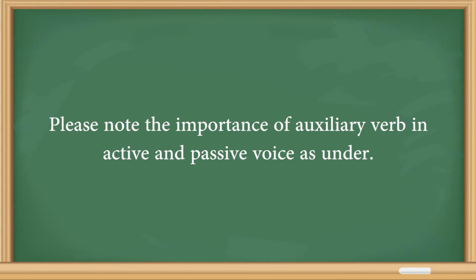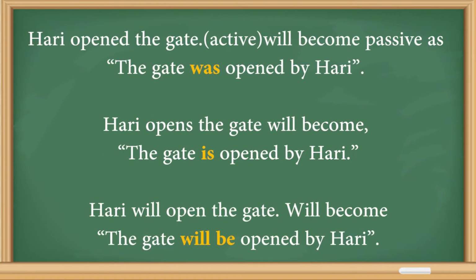Please note the importance of auxiliary verb in active and passive voice as under. Example, Hari opened the gate. Active will become passive as the gate was opened by Hari. Now concentrate only on auxiliary verb. Here we have used was.